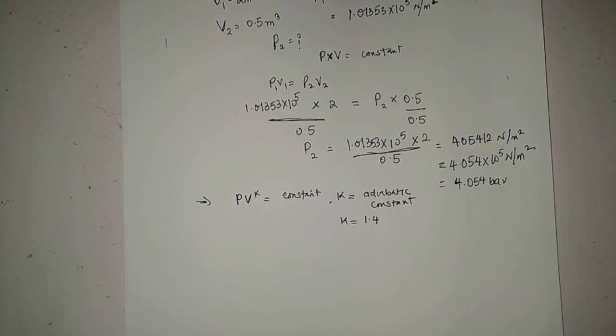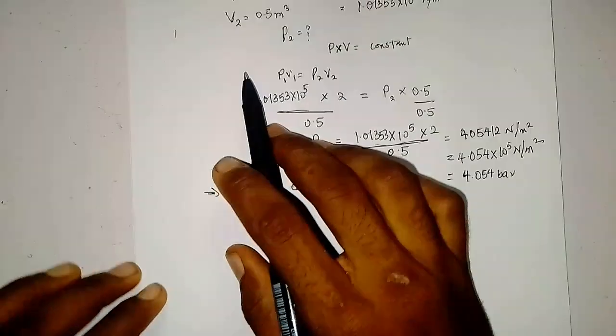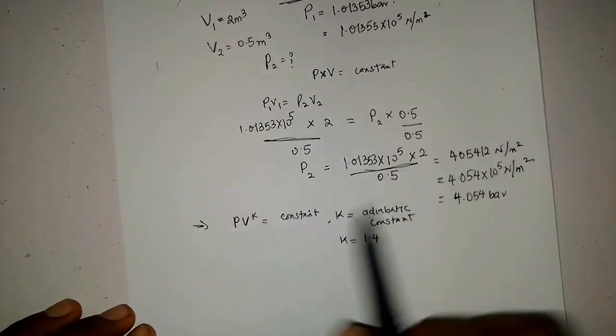So we have to find the final pressure in an adiabatic process. We're going to be working with our same parameters V1, V2, and P1.